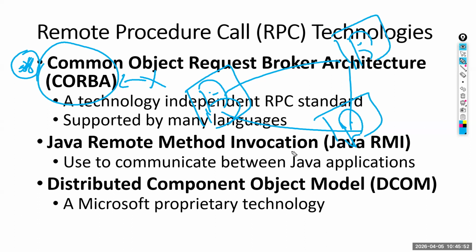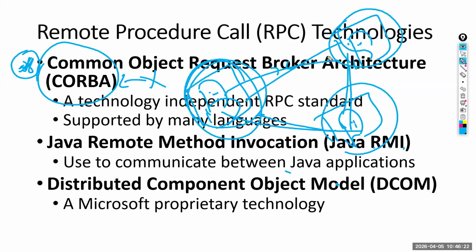Then Java came up with a remote method invocation technology called Java RMI. RMI means remote method invocation. The good news is it is simpler than CORBA. But the bad news is it's communication between Java programs in different machines. So a Java program running here, a Java program running here, a Java program running here.